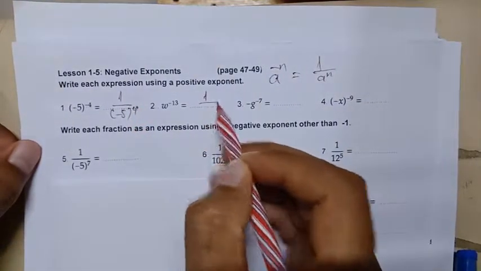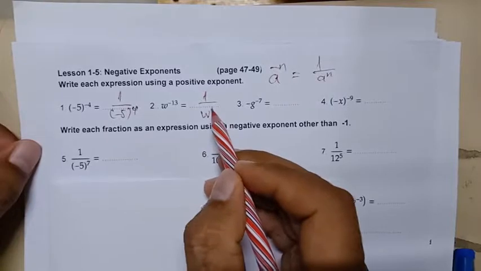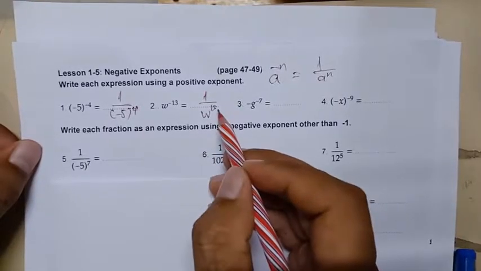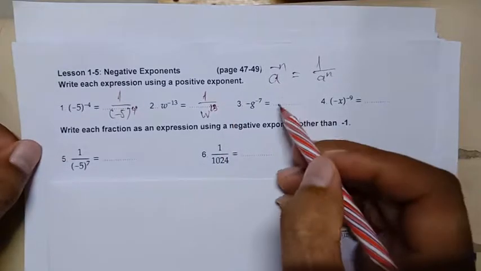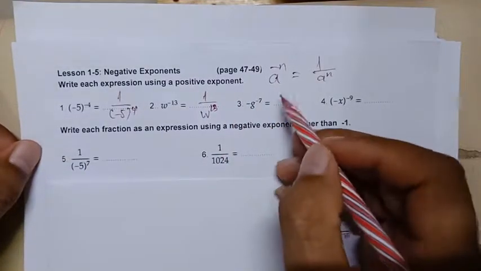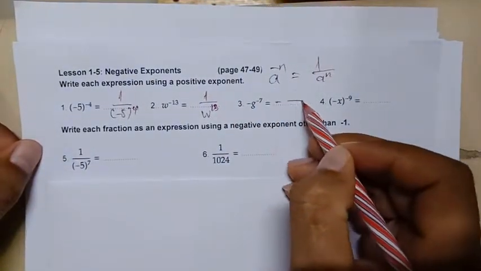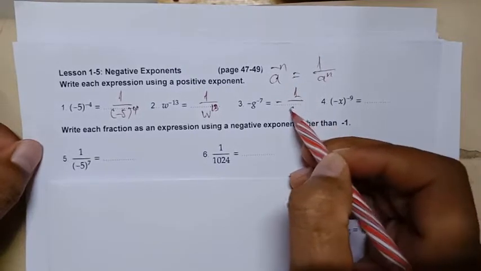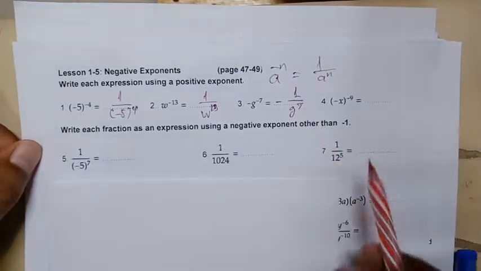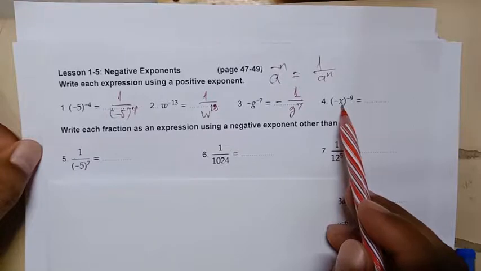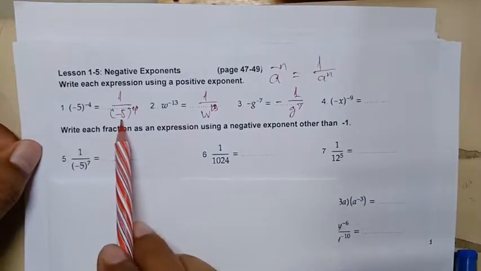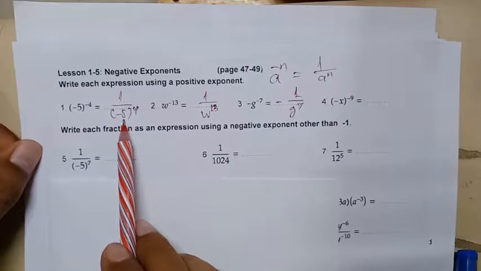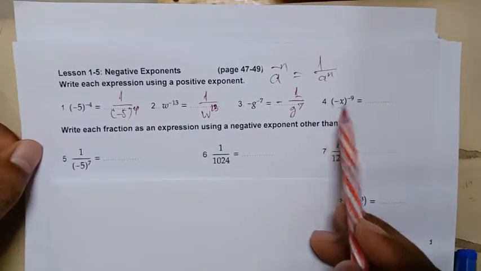W, 1 over W to the 13. And then G, with the negative outside, you put negative first, and then 1 over G raised to 7. This negative, please don't get confused with this negative. You have a negative here, but it goes together with the A value because of the parentheses.